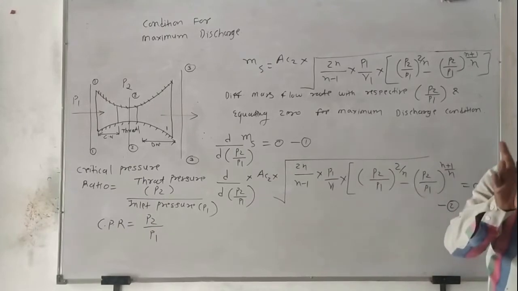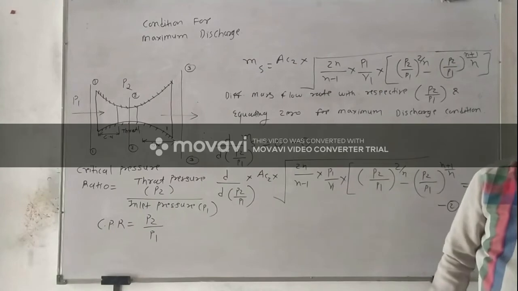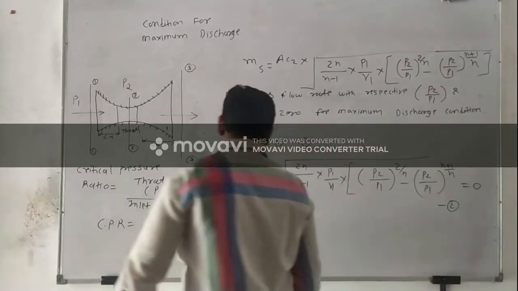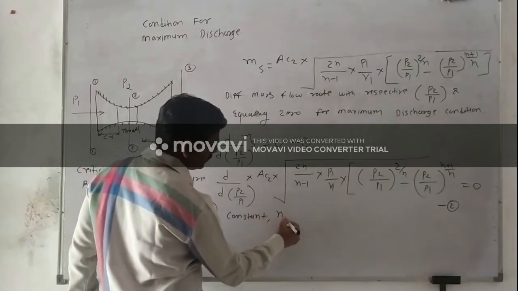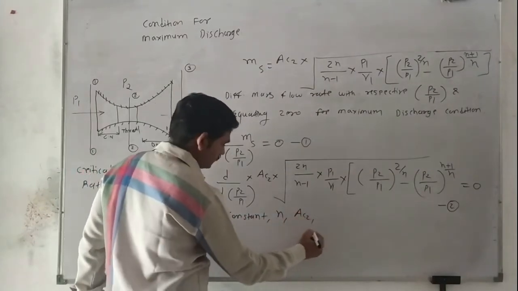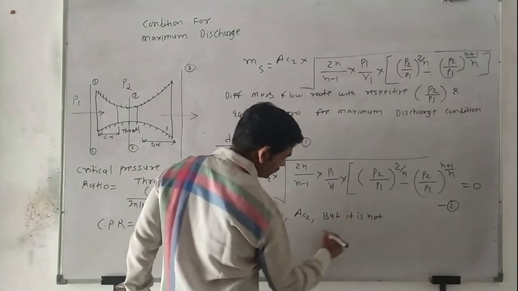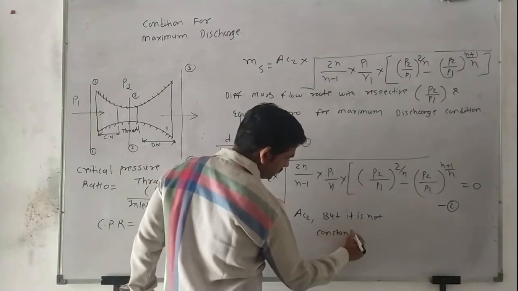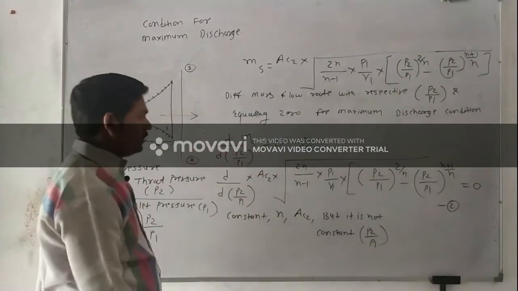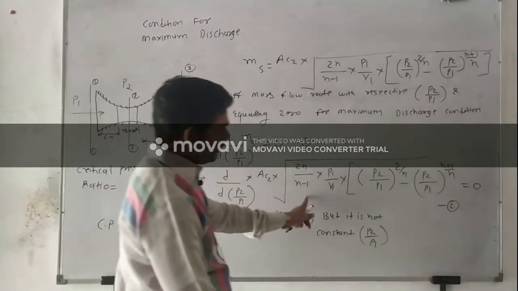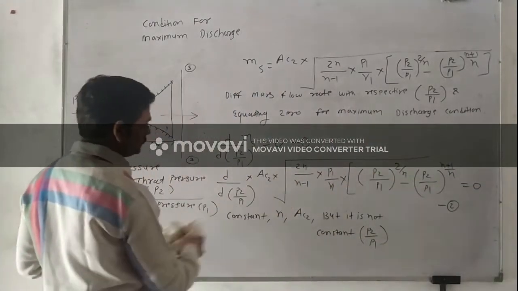So I write down here that the constants are n and A_c2, but P2 upon P1 is not a constant term. Okay, so what is the change in equation number 2? See here, this equation number 2.